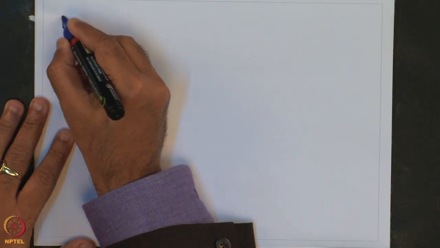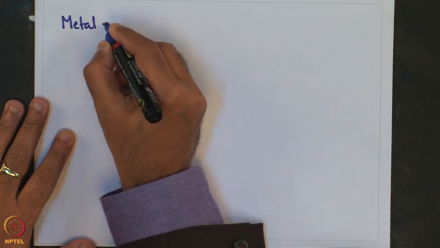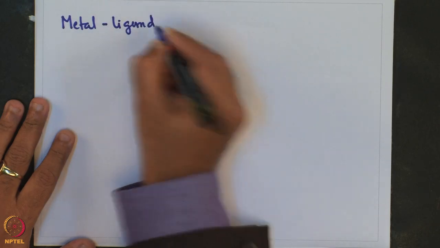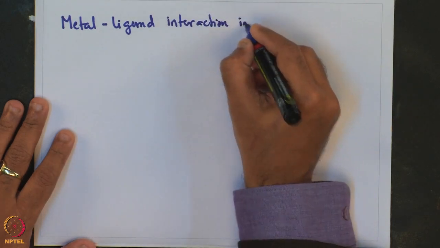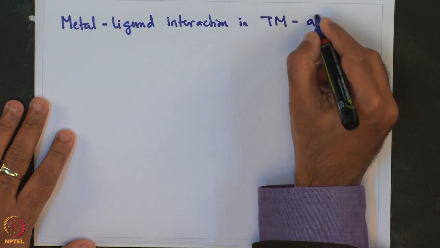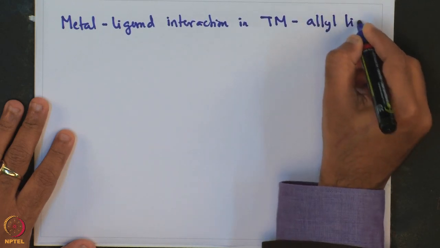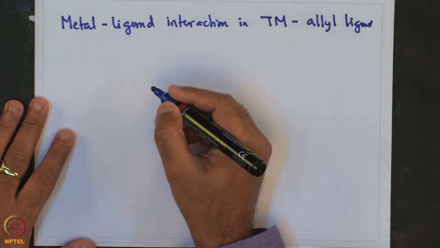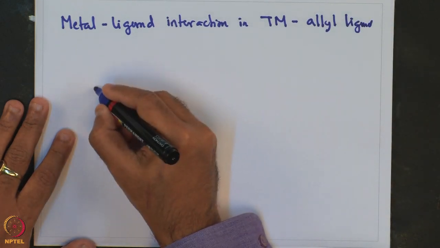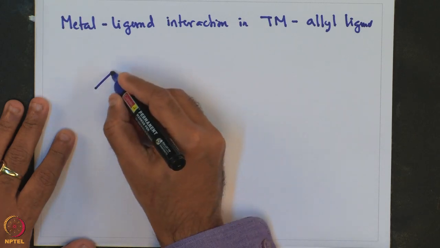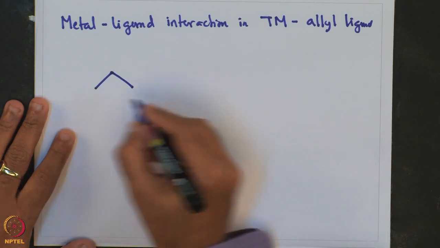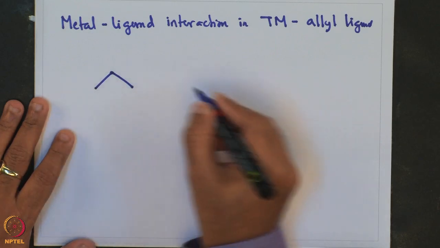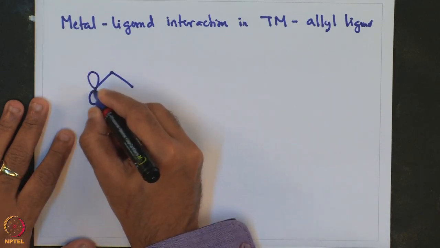In a transition metal allyl ligand, the ligand has 3 molecular orbitals containing p orbitals, and they are of psi 1, psi 2 and psi 3 symmetry. So, let me just draw it over here.